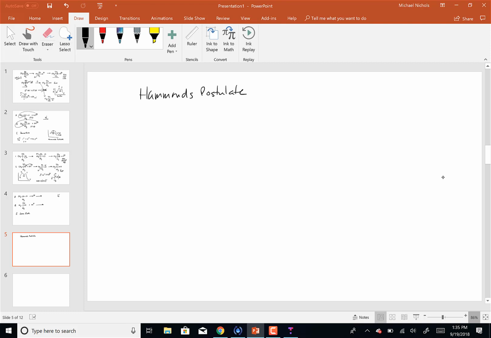I have a piece of paper, which I can turn into a reaction coordinate diagram. Okay, so reactants, products, transition state, because I'm going to look at the first step of the reaction, the rate determining step.